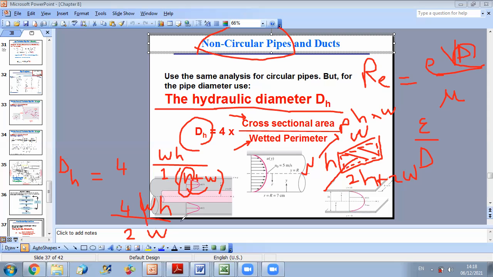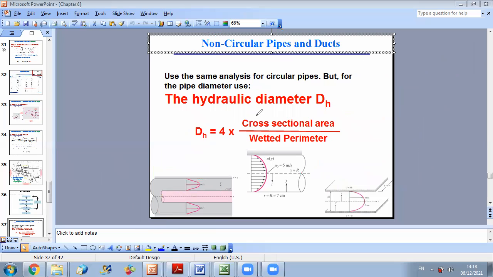The hydraulic diameter for parallel infinite plates is 2h, 2 times the height. Now, in case it's not infinite, you use this formula to compute dh. So this is to tell you that the Moody diagram was shown to be a very general diagram.